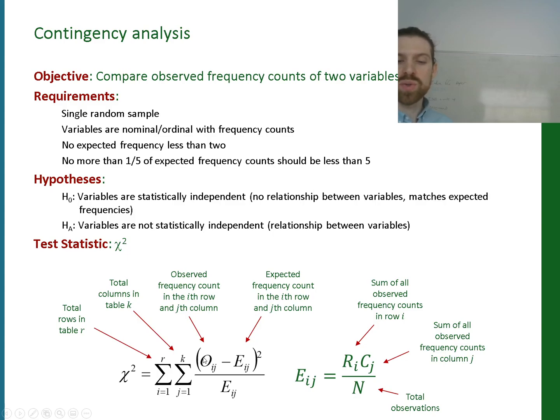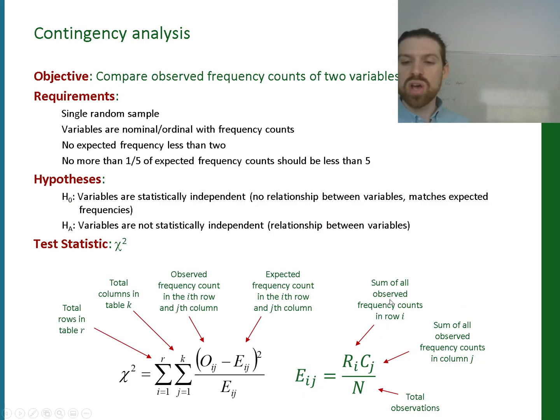Then we need to get the observed frequency count for the ith row and the jth column and subtract the expected frequency count for the ith row and the jth column, okay? And then we square that and divide again by the expected frequency count for the ith row and the jth column.